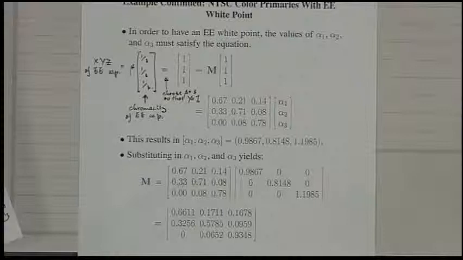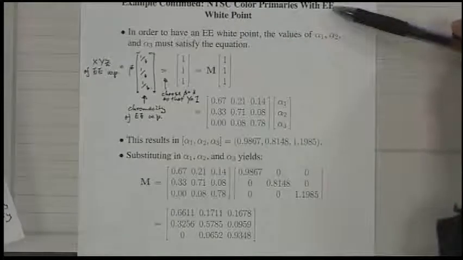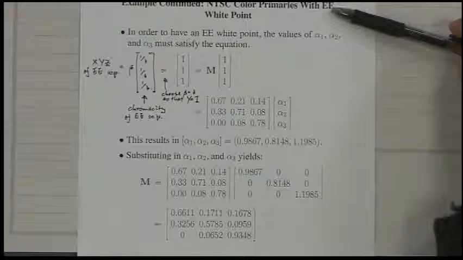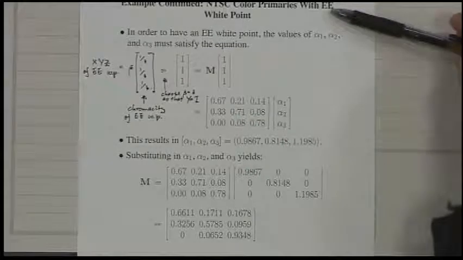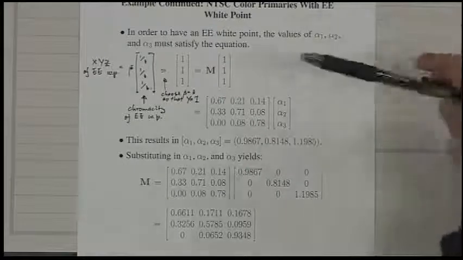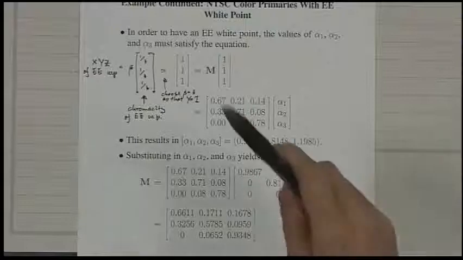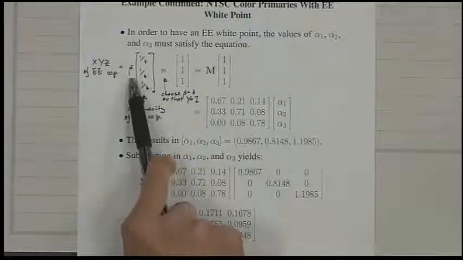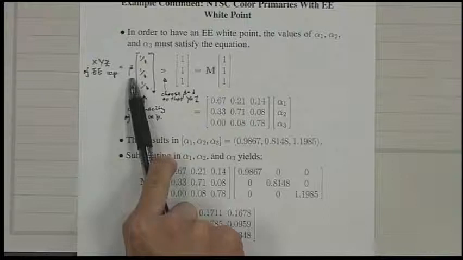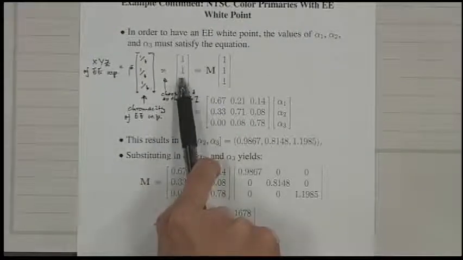Okay, so when we use this equal energy white point, it provides us the two equations, and we still need to specify the third equation to solve for all the alpha values. So what we usually do is choose a particular scaling beta in such a way that the luminance value of the XYZ coordinate of the equal energy white is equal to 1.